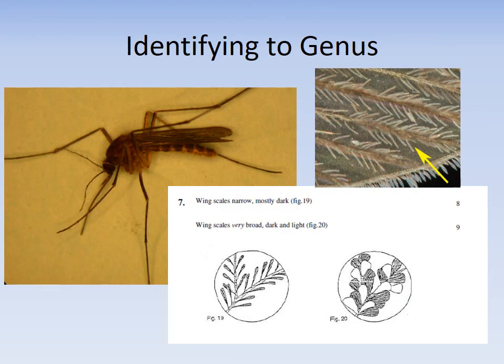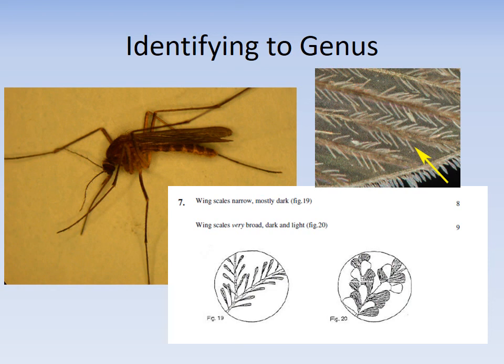Another older characteristic in that same Slaff and Apperson key is the scales on the wings. Are they narrow or are they broad? Sometimes when you're thinking about this, if you've not seen broad to compare it to, you might think something is slightly broader and say, oh, that's definitely broader.